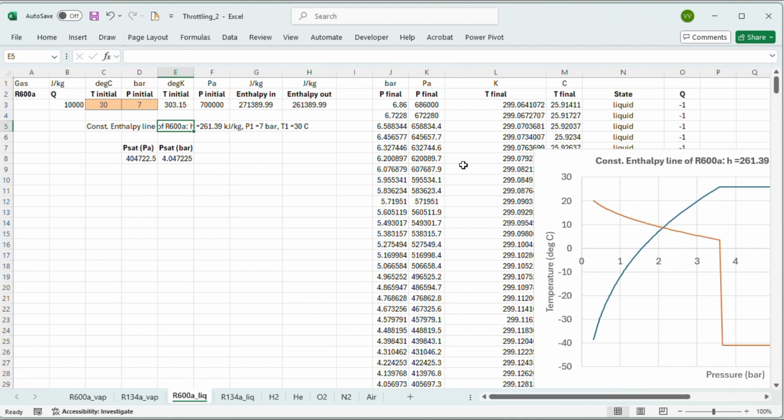Okay, and all the equations that are used to calculate this isenthalpic line and the orange line are all available here. So play with it to further improve your understanding of this.